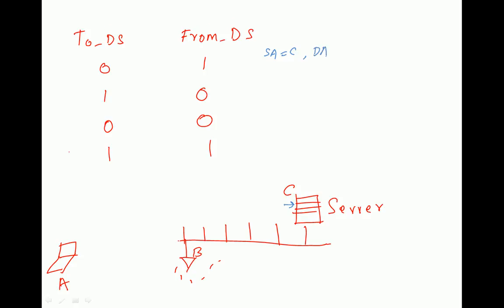The destination address is, you guessed it correct, the final destination of this frame, and that is nothing but the MAC address of the client A. So the destination address is going to be A's MAC address.